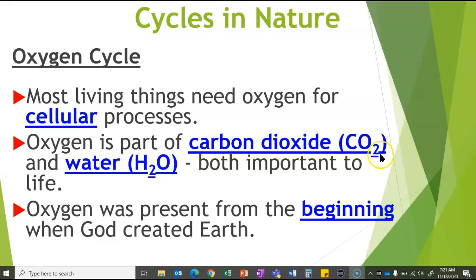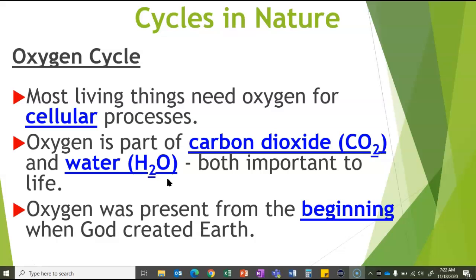The di comes from the fact that there are actually 2 oxygen atoms in that molecule of carbon dioxide. So oxygen is a part of carbon dioxide. It's also a part of water, which of course is critical to life on Earth. And so again, we have H2O, the O being the oxygen part of the water formula.